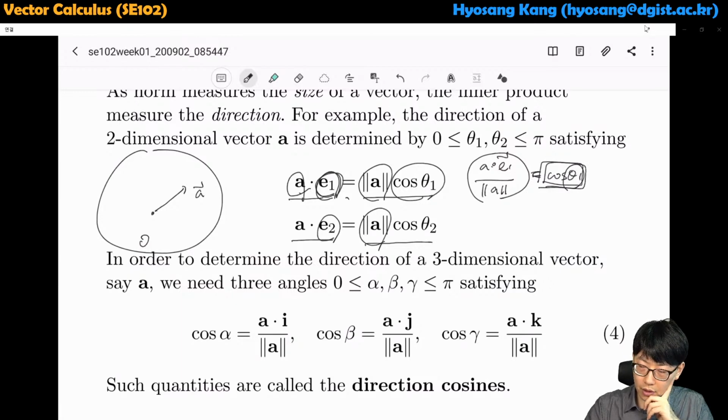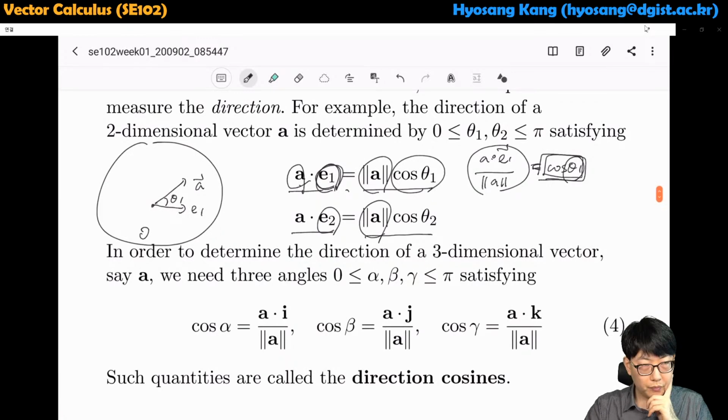My E1 could be here, or there is another way of finding E1 here. It could be here, right? So the way you can get theta 1 between E1 and A is that E1 could be on the right-hand side of A or the left-hand side of A.